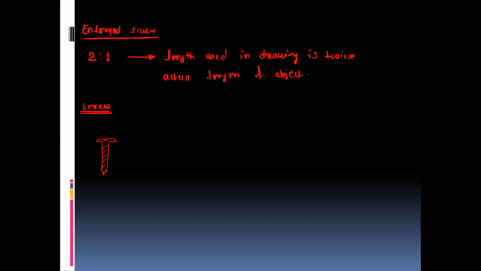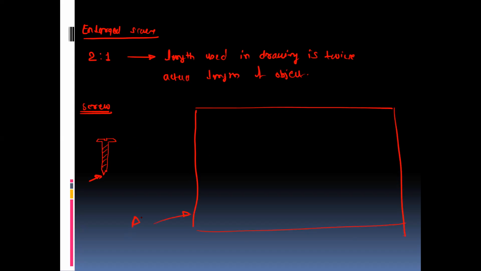So this is the actual screw. Just take the example, and suppose we want to represent this on the drawing sheet, and we are using the A3 size drawing sheet or a drawing paper. This A3 size drawing sheet has a much larger size compared to the actual dimension of this object, and therefore we can use the enlarged scale.